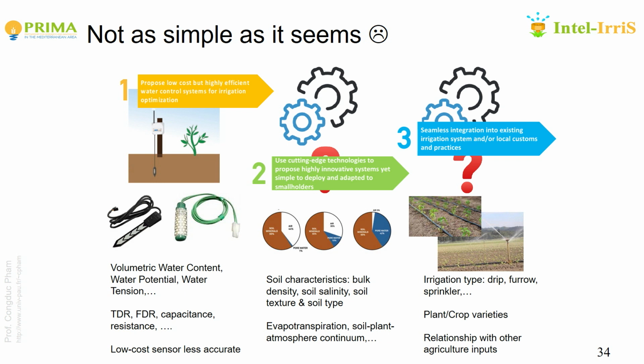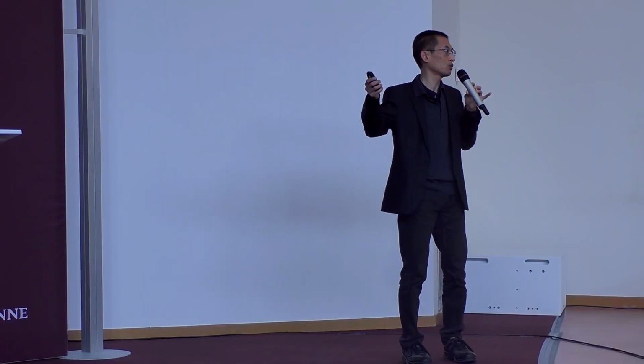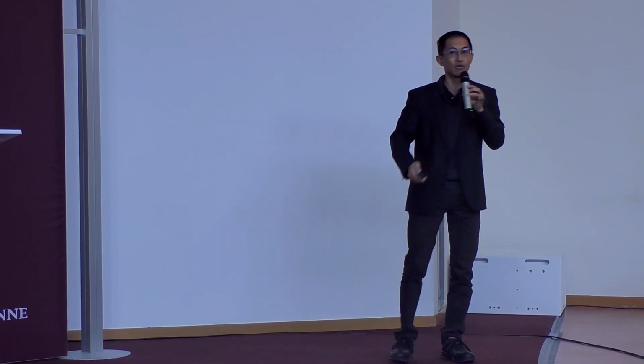You can try to put in some change little by little, but if you want to radically change a practice, there's a high probability that you're going to fail, okay? This is something that I'm going to develop afterwards in my talk, this problem of user acceptability and seamless integration of technology.